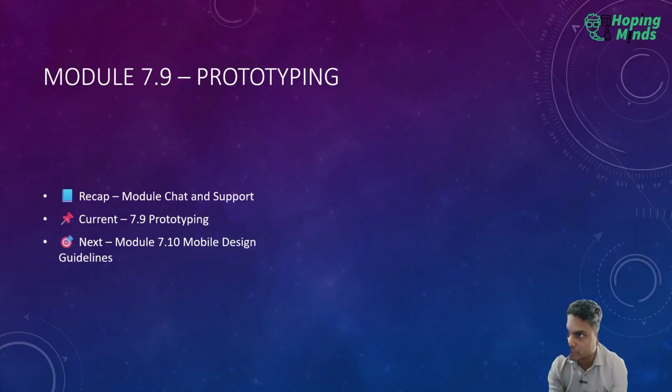We'll be moving to 7.9, which is prototyping, and we'll do prototyping for all the designs we have made so far, and you will learn prototyping in detail, and it will help you present your design to clients and your managers and whoever is taking part in this specific project and module.